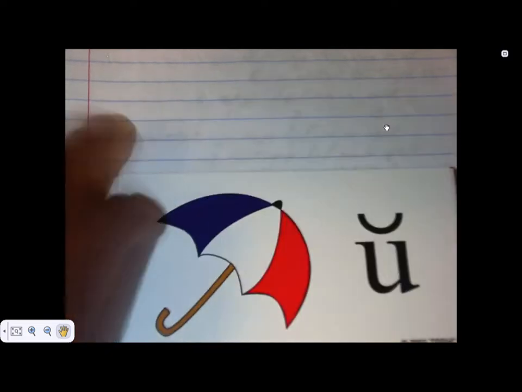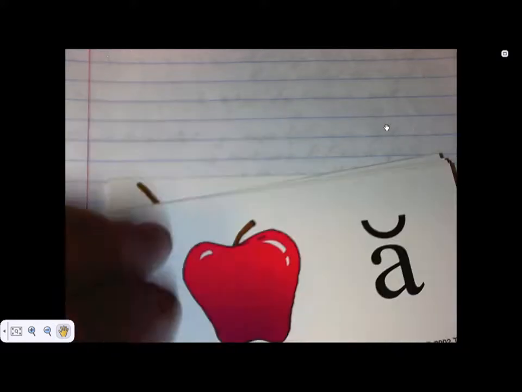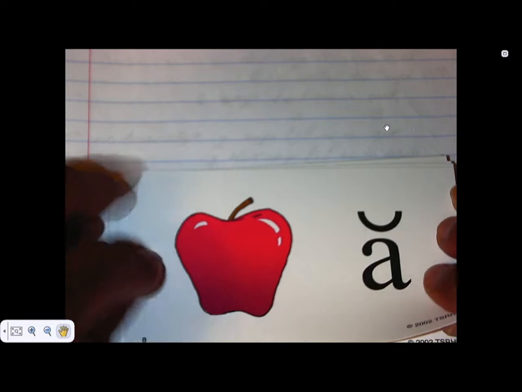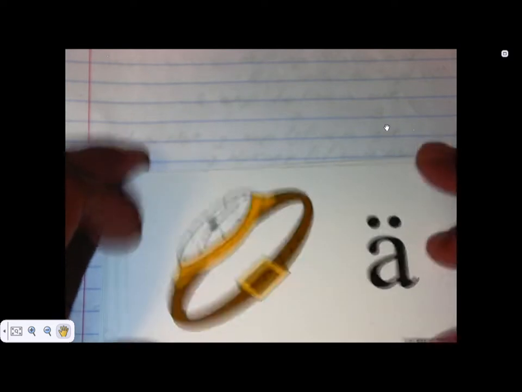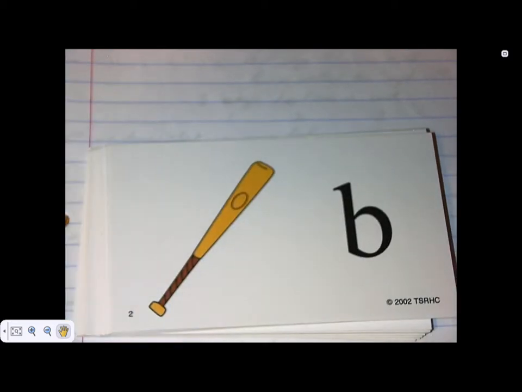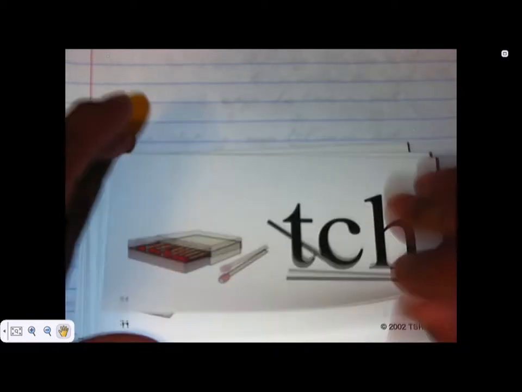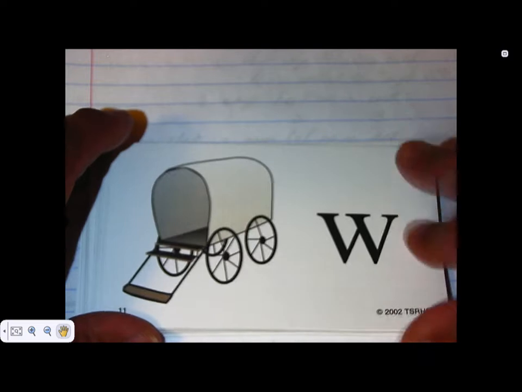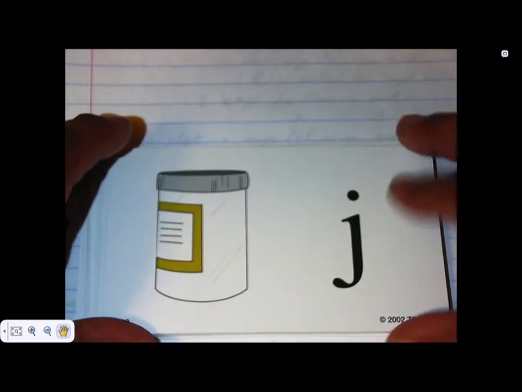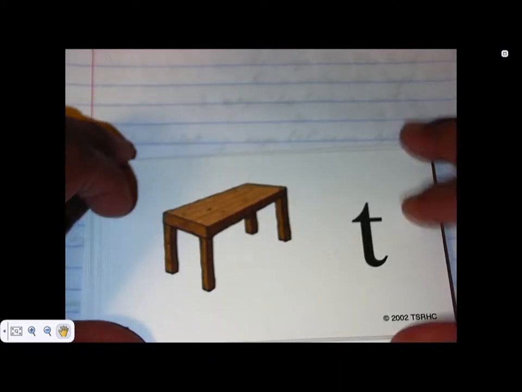Umbrella. Apple. Watch. Hat. Bat, B. Match. Wagon, W. Jar, J. Feet. Table, T.